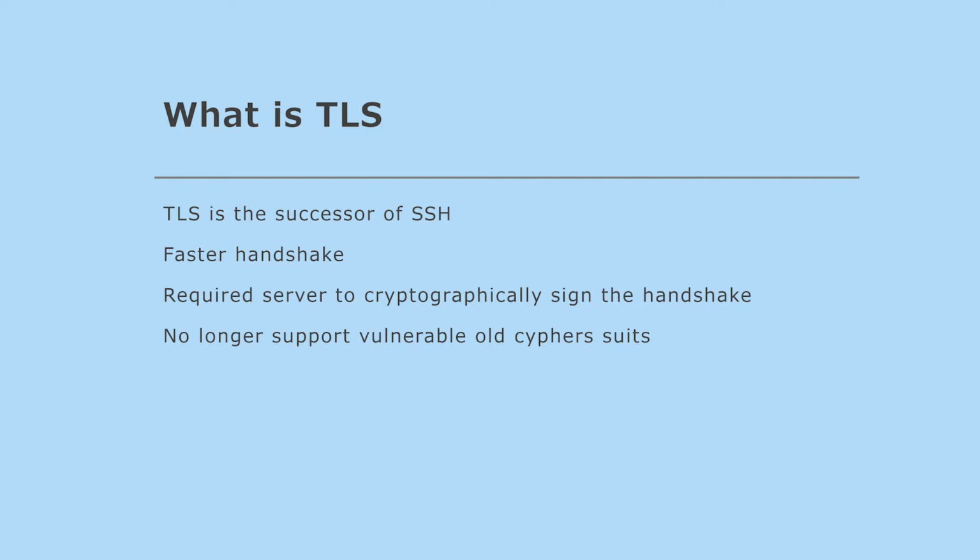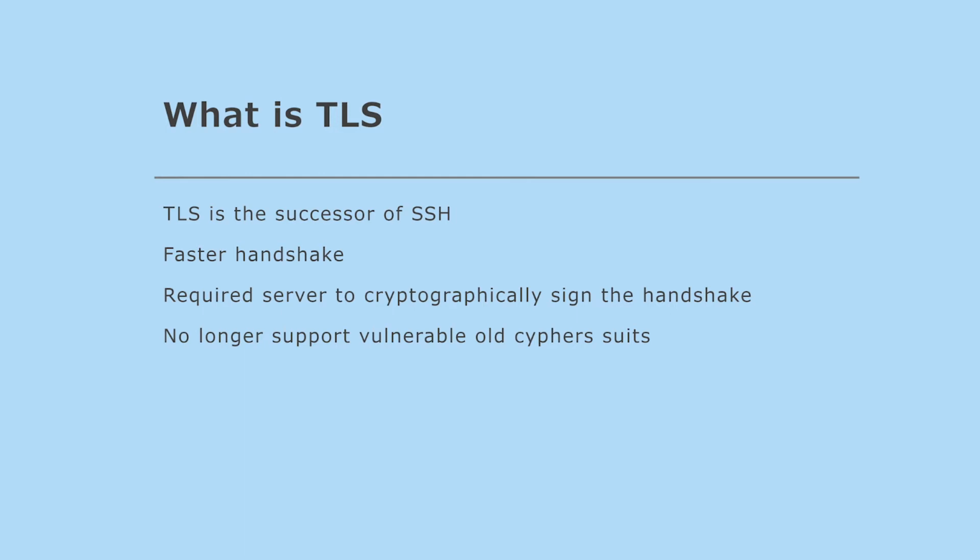After SSL version 3, they deemed it wasn't secure anymore. So around 1999, Transport Layer Security was invented. TLS is the successor to SSL, and it works pretty much the same way. It uses an encryption protocol to protect the transfer of information, and the two terms are pretty much used interchangeably.